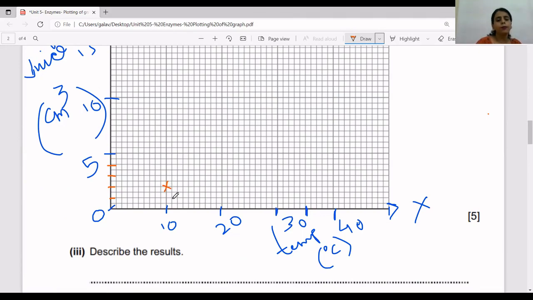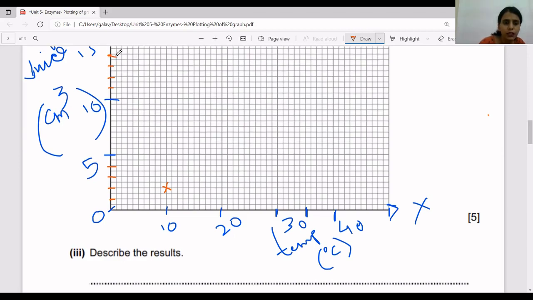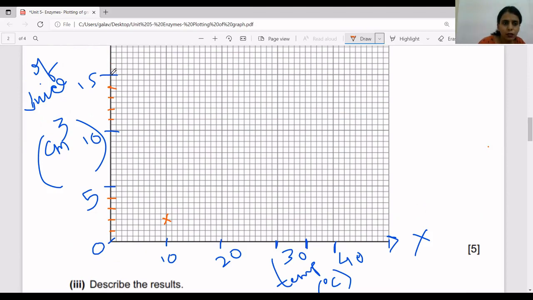So here the plot is this one, because the point has been plotted at 10 degrees Celsius, where the volume of juice collected is 2 centimeter cube. At 20 degrees Celsius, the volume of juice collected was 11. So 2 boxes show 11, then another 2 boxes show 12, next 2 boxes show 13, next 2 boxes show 14, and then another 2 boxes go to 15. So these 2 boxes here show 11.